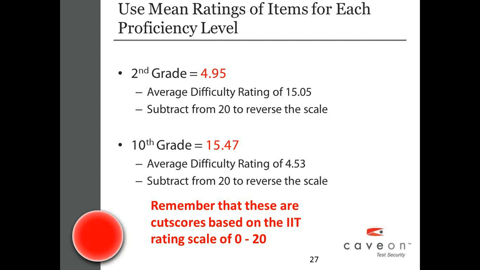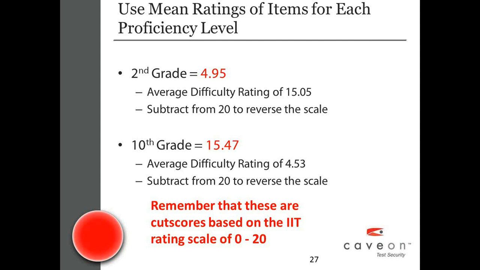For the 10th grade, I came up with a cut score of 15.47. Now it's obvious these are on a rating scale of 0 to 20. These right now have nothing to do with a bunch of items being given on a test at some point in the future. So we need to get to that point. But I feel pretty good about having good estimates of cut scores based on the rating scale. And I could also assign some error around these cut scores.